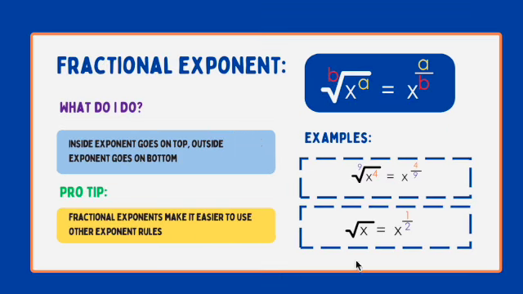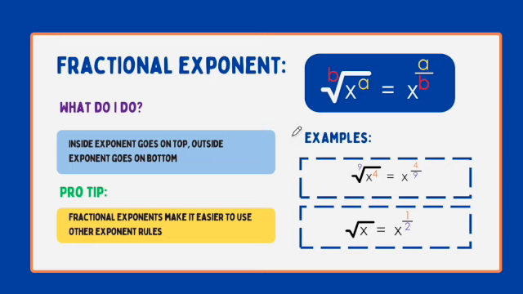Okay, so the next one is the last law of exponents, the fractional exponent. In this, the inside exponent goes on top and becomes the numerator, and the outside exponent, the root, goes on the bottom and becomes the denominator in the exponent.